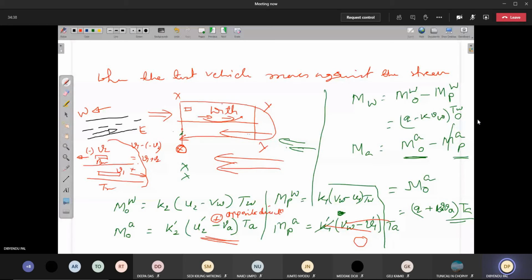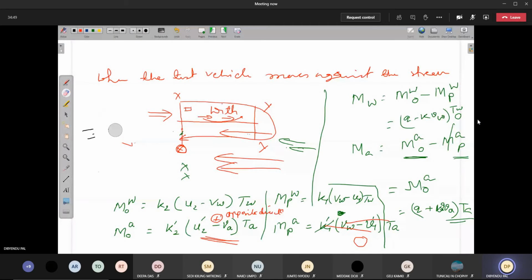This is fine. Now the same concept is applicable here also, because last class I was unable to explain this part: when the vehicle was moving against the stream, you are moving in one direction and counting the vehicles in the opposite direction, so the direction is opposite, and whenever we find the relative speed, it will be positive.